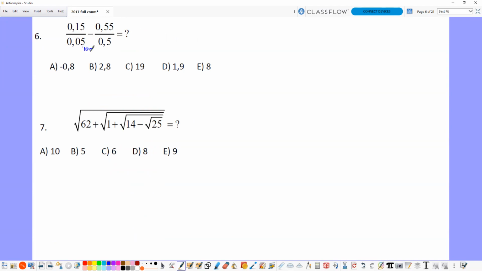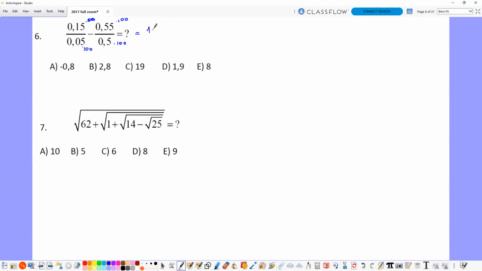What I need to do for this one, I need to do the same thing for the numerator. It's the rule. Here 2 decimal places we have, so I'm going to multiply this by 100, and we are going to multiply this by 100 again.